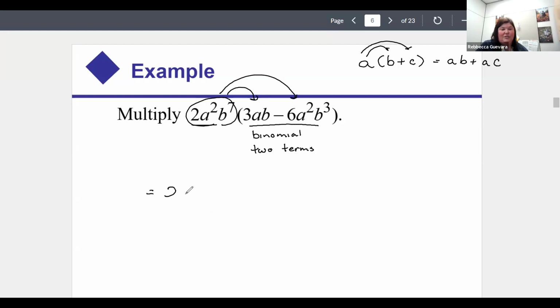So I can rewrite this as 2a squared b to the 7th times 3ab, minus 2a squared b to the 7th times 6a squared b cubed.